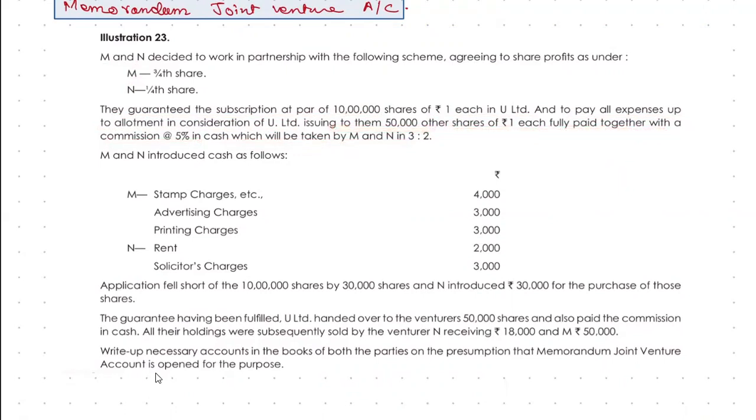So that commission also has to be shared 3:2. M and N introduce cash as follows: M stamp charges, advertisement charges, printing charges; N rent and solicitor charges.